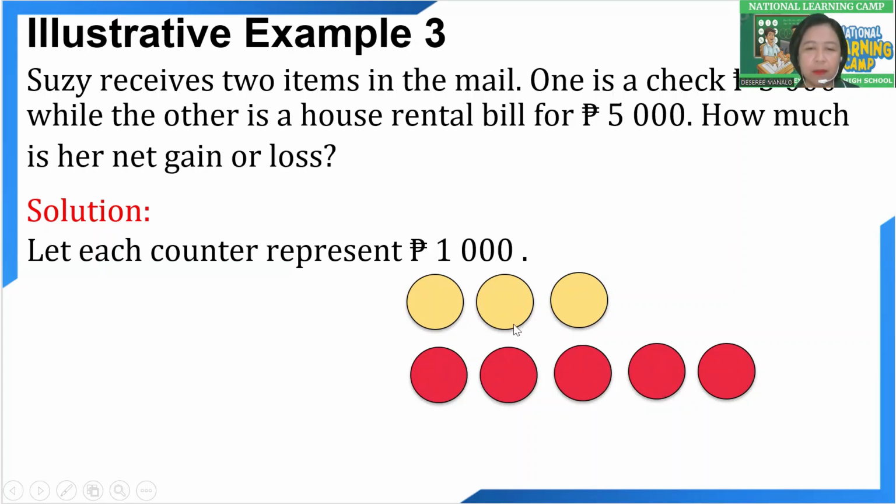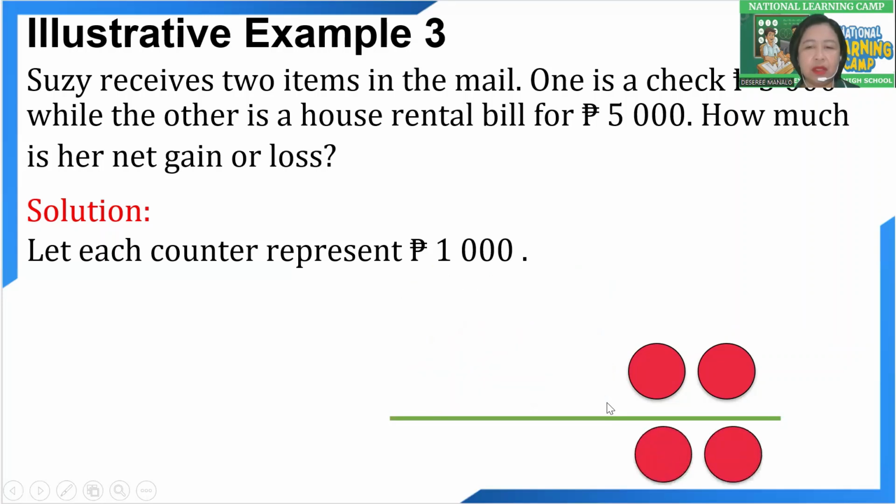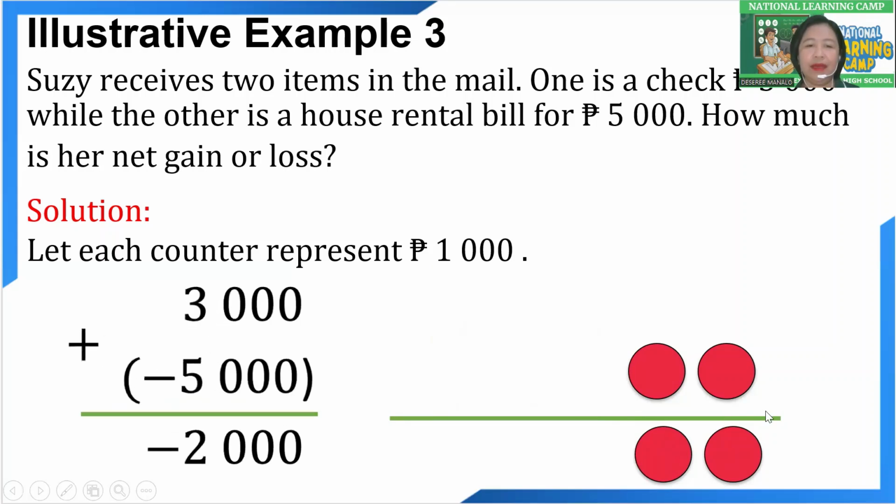If we combine the 3 positive and 3 negative, the remaining is 2 red colored counters, which means that the answer is negative. For the number sentence, we have 3,000 plus negative 5,000 is negative 2,000. Negative 2,000 is her loss.